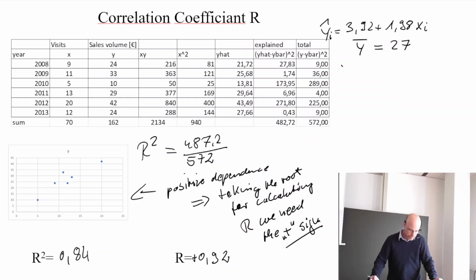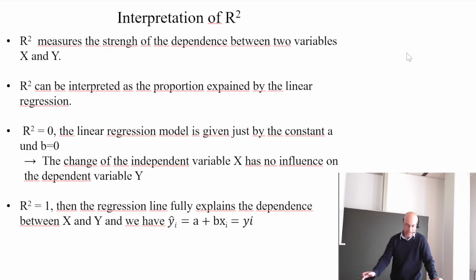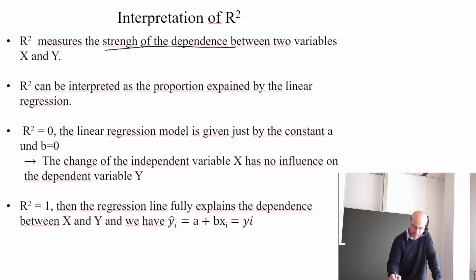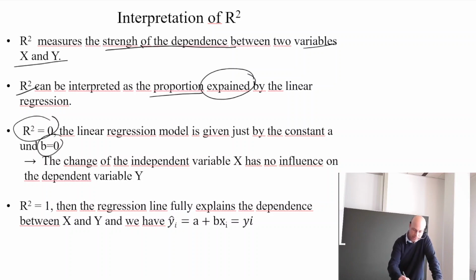So, to sum up, we can say that our coefficient of correlation or coefficient of determination measures the strength between two variables x and y. R squared can be interpreted as the proportion explained by the linear regression, and of course if R squared is 0, then B has to be 0, and we are not better than taking just the average of our data points.